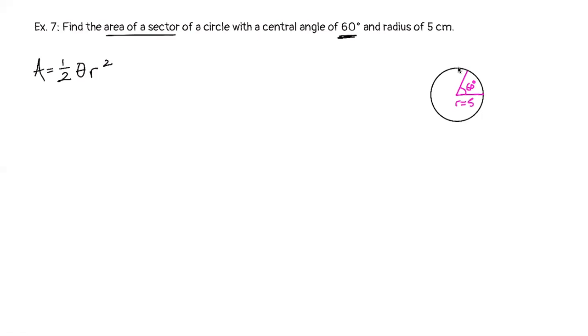And I don't want to fall for it and plug in 60 for my theta, right? That's not correct. They want us to make that mistake, but we are going to convert 60 degrees to radians. And after we convert that, that's the number we're going to put in for theta. Okay, so 60 over 180 equals theta over pi.